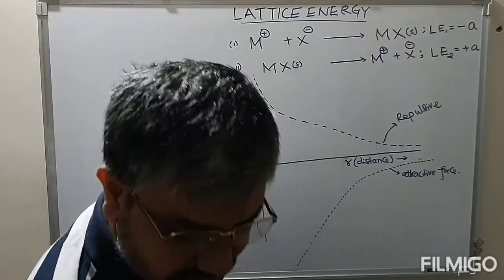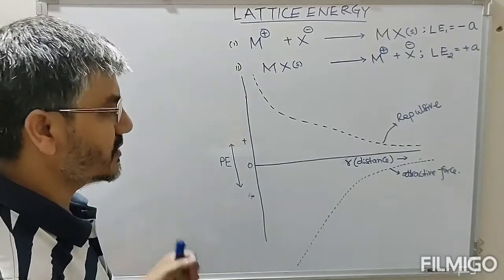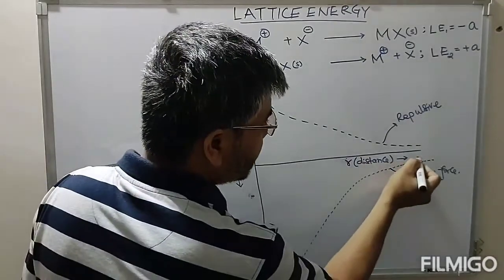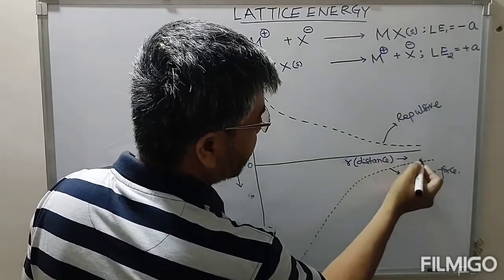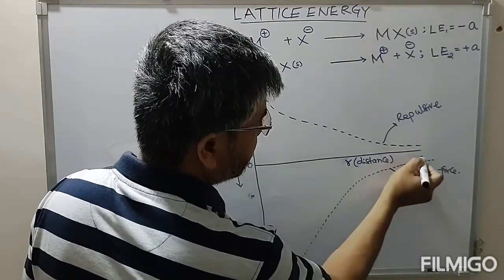Combining the attractive force as well as the repulsive force, the net variation of potential energy comes like this.